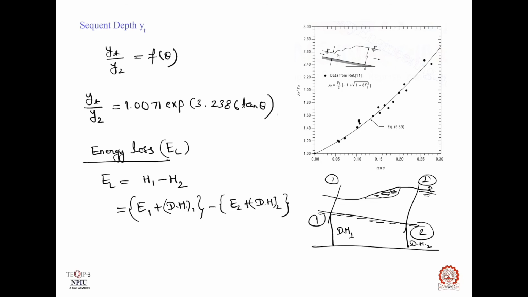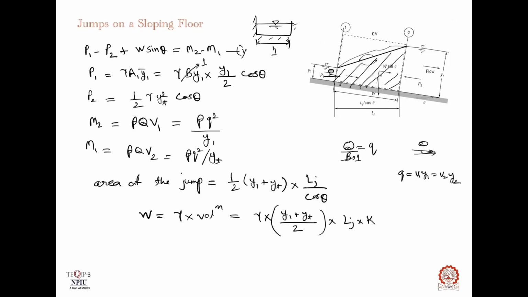What is the difference between the datum head at section 1 and datum head at section 2? From this figure, the difference between the datum head at section 1 and section 2 is this one.